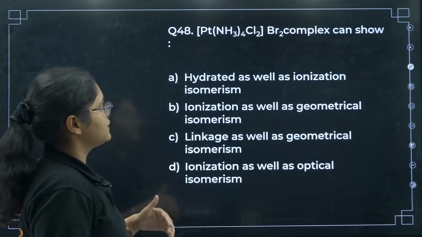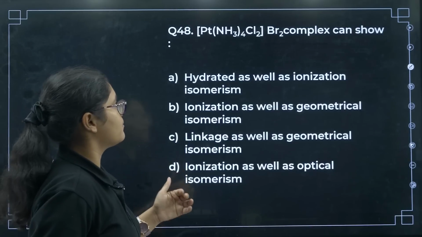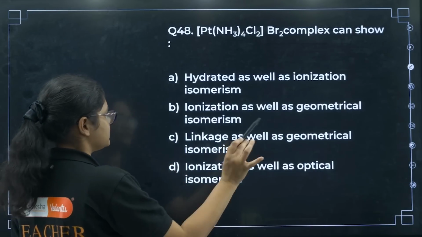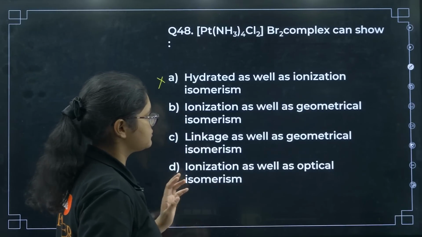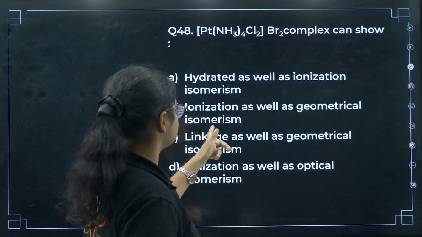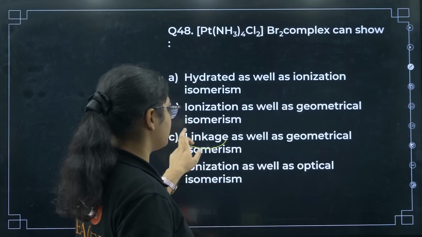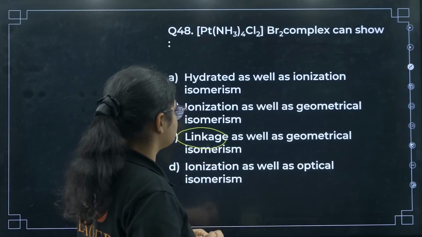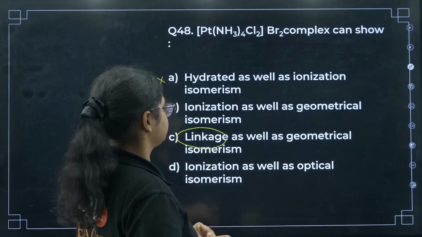Next, [Pt(NH3)4Cl2]Br2 complex can show hydrate. No, it will not show hydrate because there is no water molecule. Eliminate this one. Ionization as well as geometrical. Linkage, will it be there? Ambidentate ligand is not there, so no linkage. Ionization as well as optical isomerism.